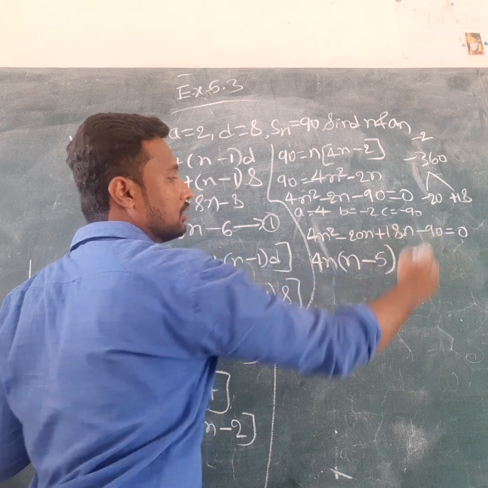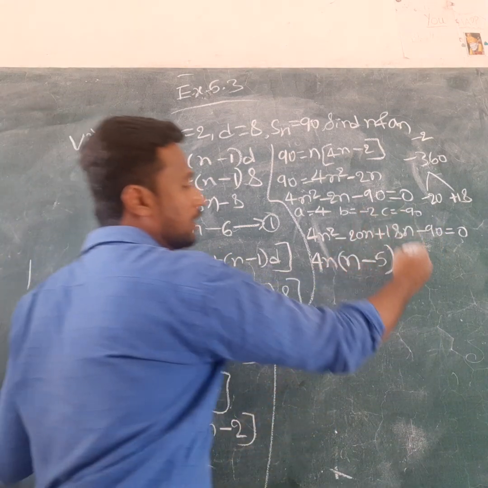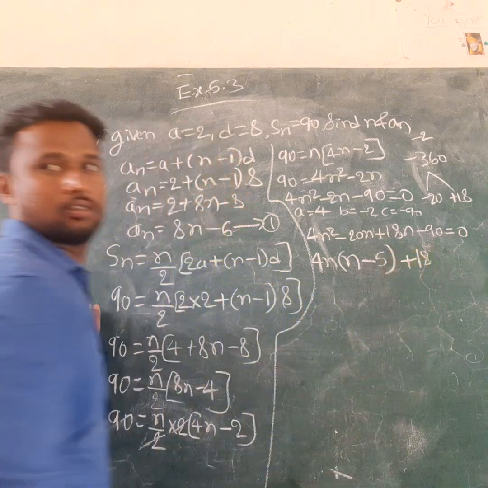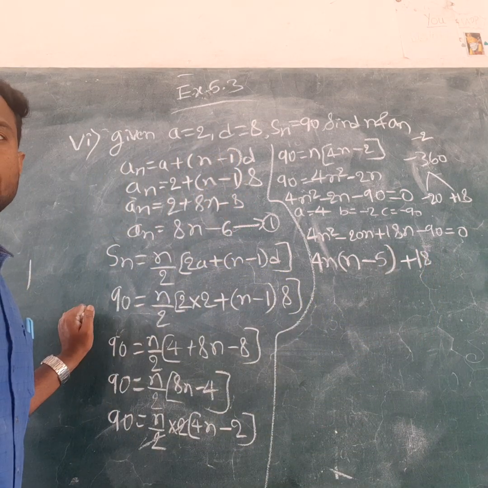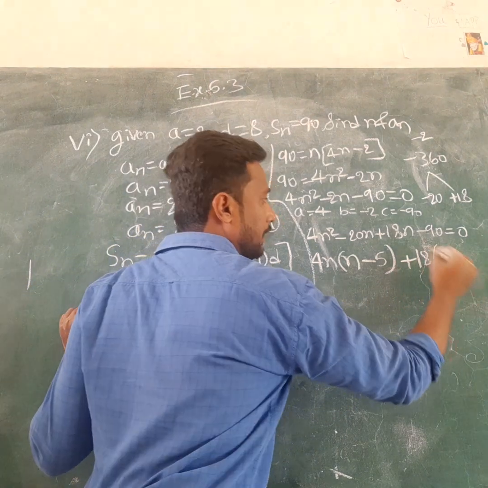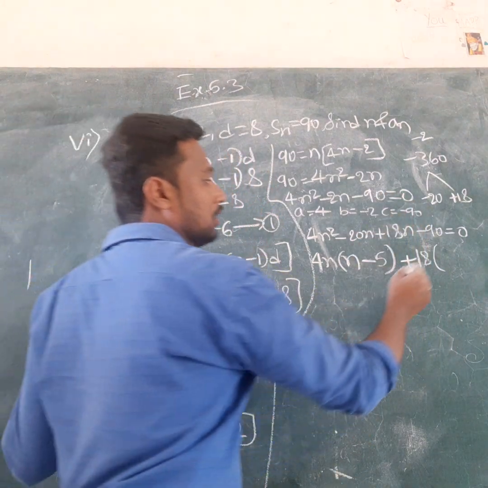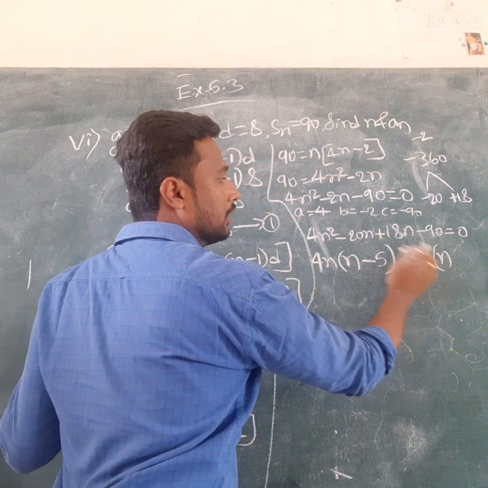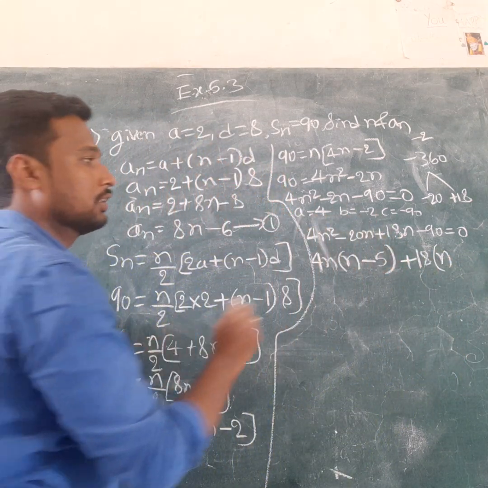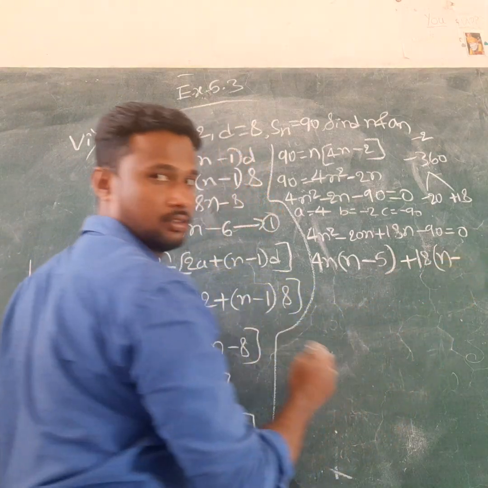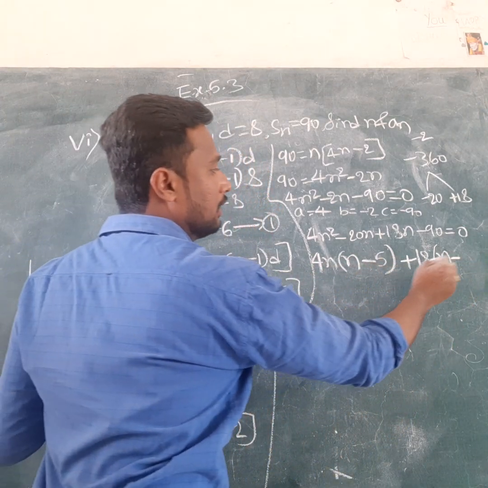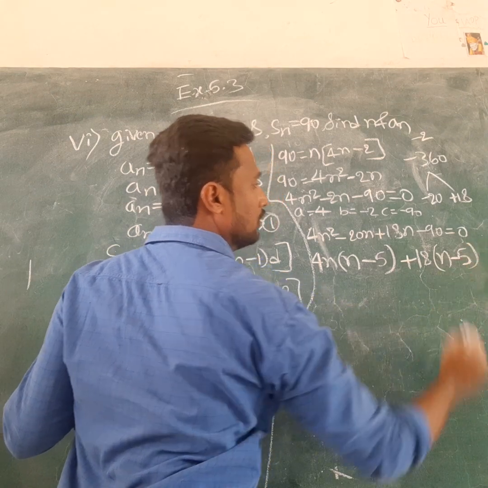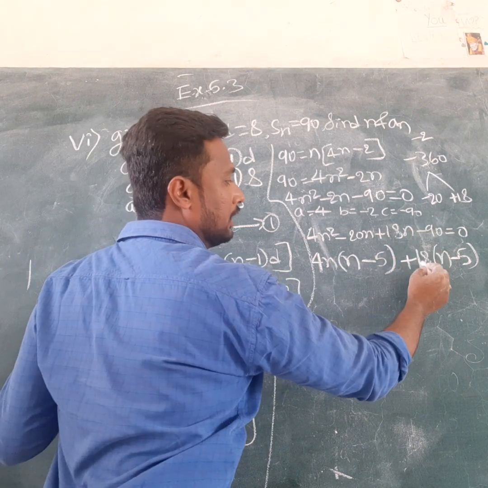Next, here in 18n minus 90, what can I take as common? Plus 18. If I take 18 as common, in the bracket I will write n. So 18 into n will become 18n. Next, minus 18 into 5 is equal to minus 90 only.